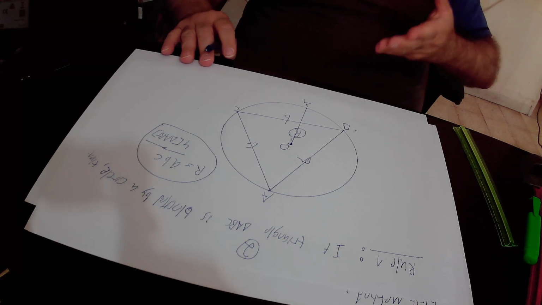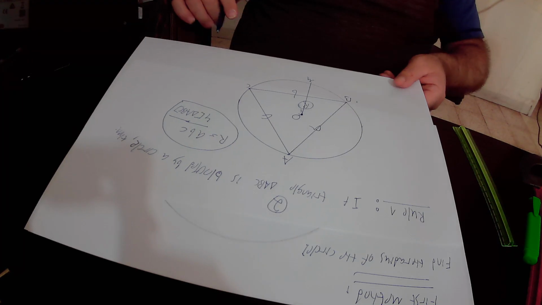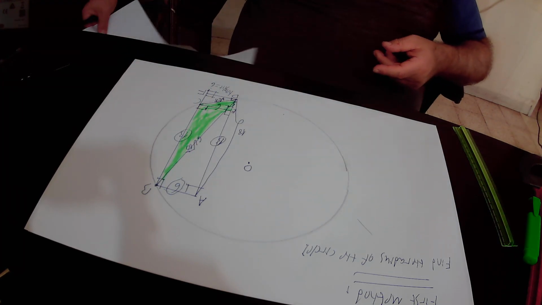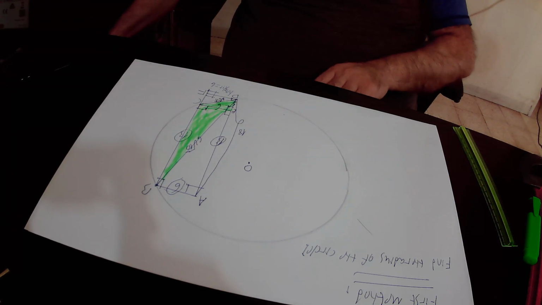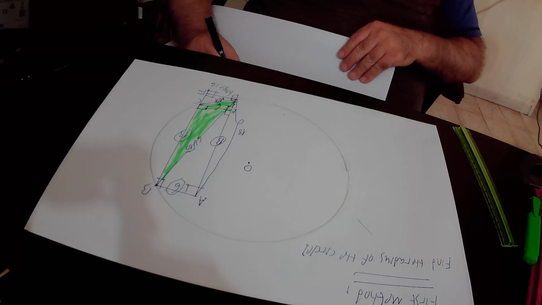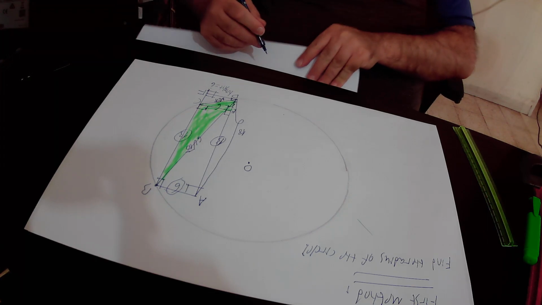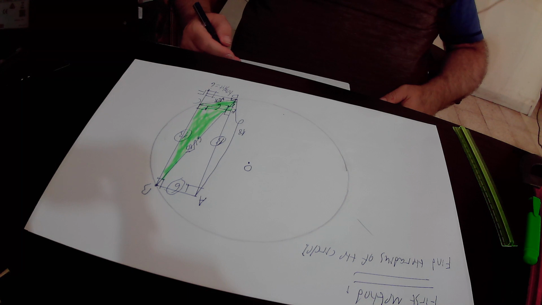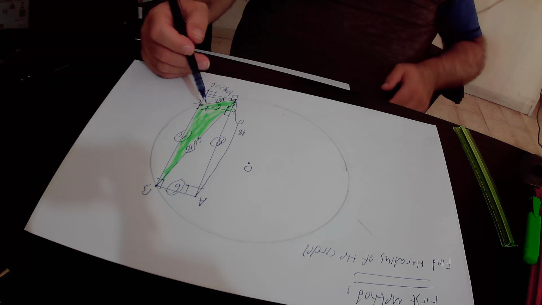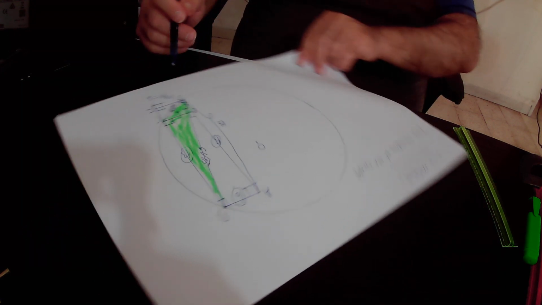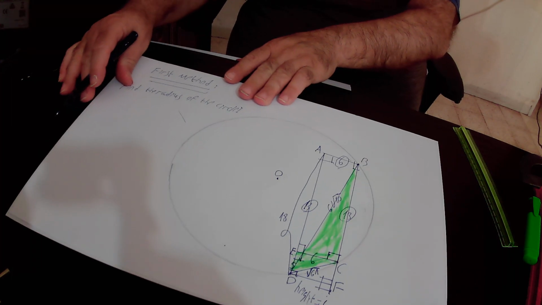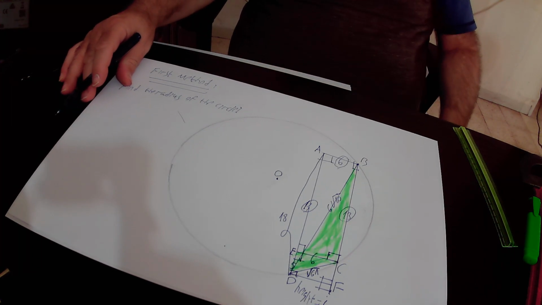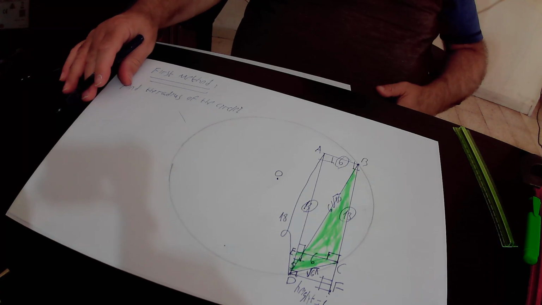Okay? We actually can implement rule number 1 in our drawing. Why? Because in our drawing, the green triangle BDC is blocked by this circle. Why?